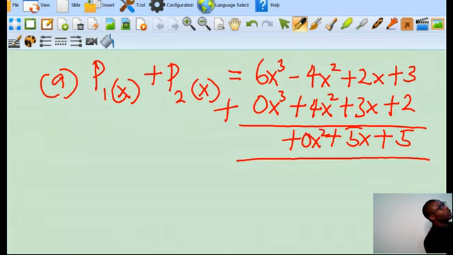And 6x cubed plus 0x cubed equals 6x cubed. I think you got this now as I've explained. 3 plus 2 equals 5, 2x plus 3x equals 5x, minus 4x squared plus 4x squared equals 0x squared, and 6x cubed plus 0x cubed equals 6x cubed.